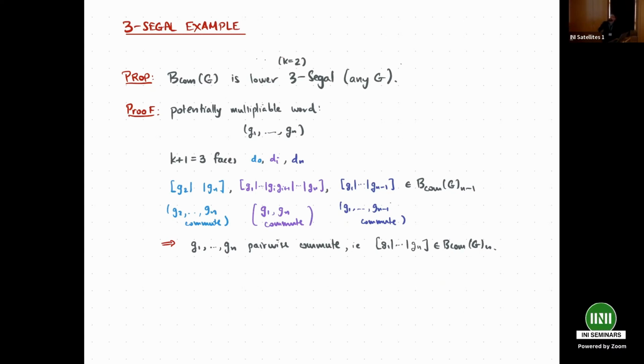The D0 face gives us that G2 through Gn commute. The Dn face gives us that G1 through Gn minus 1 commute. And then you do need that extra face that tells you that G1 and Gn commute with one another. That implies that G1 through Gn is multipliable. That's a very nice, simple example, simple to prove once you know this characterization.